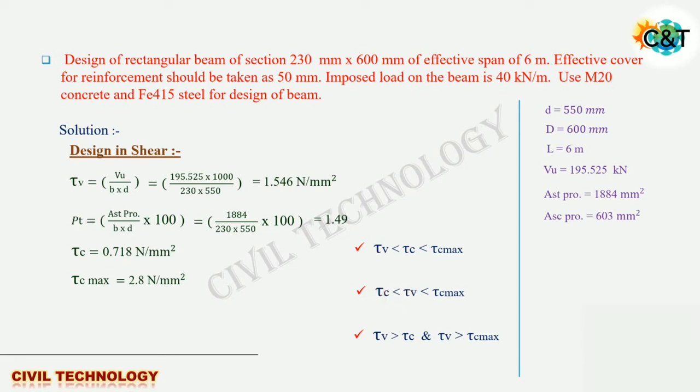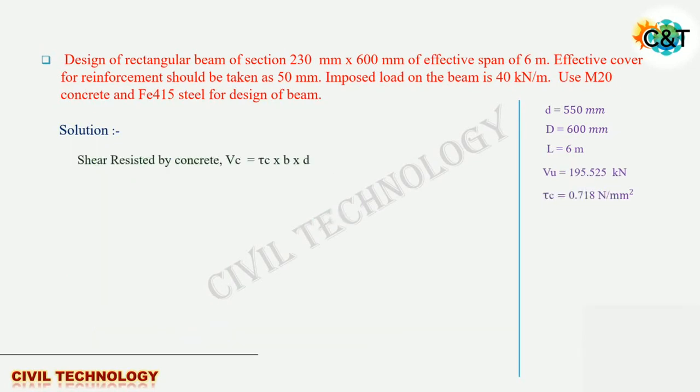So let's calculate those things. First of all we have to find out how much shear is resisted by the concrete section. Whatever concrete we put in a beam, how much shear does it resist?